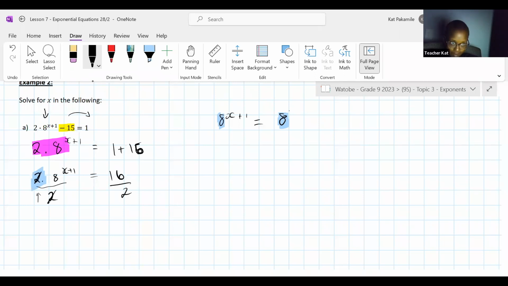Yes. So the plus 1 would go to the right-hand side, and it would turn to a minus. Minus 1. So how much is x? 1.